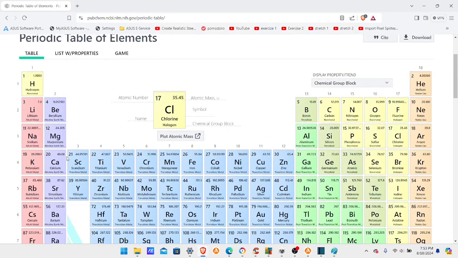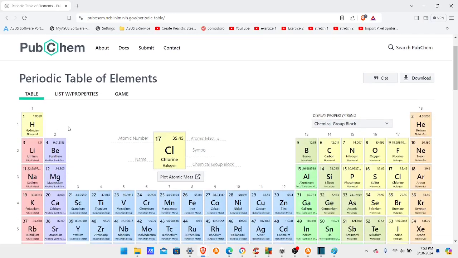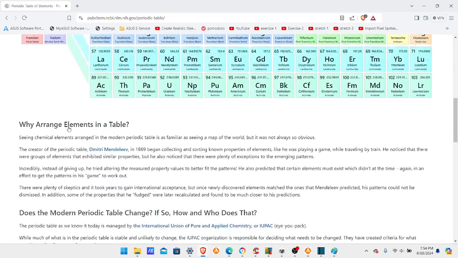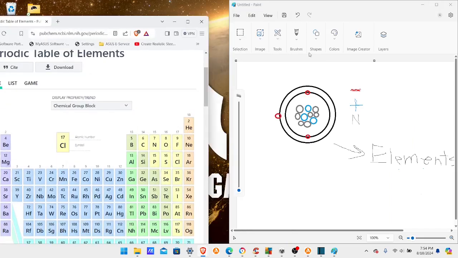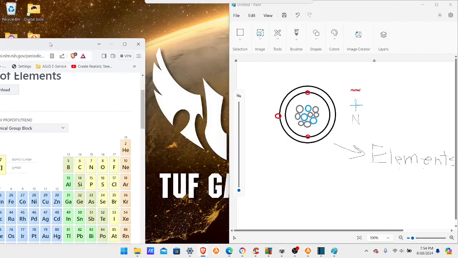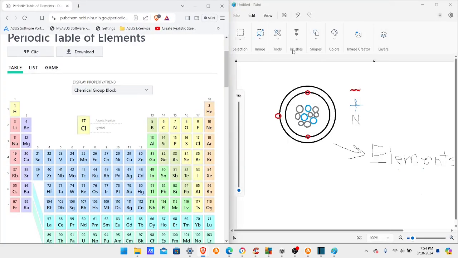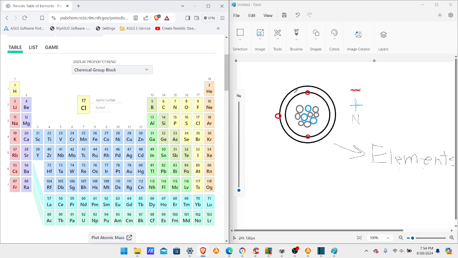So what is the periodic table actually used for? Well, I just learned this, you can use it to identify different atoms. For example, the atomic number of an element is just this number right here, above the symbol. It's usually in the top left.